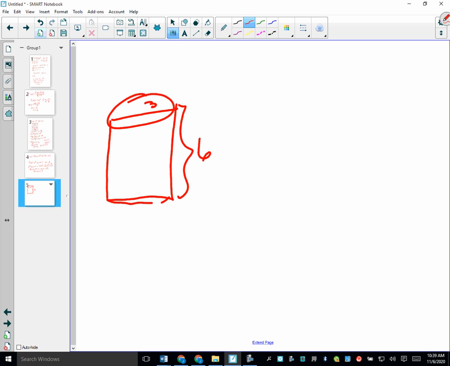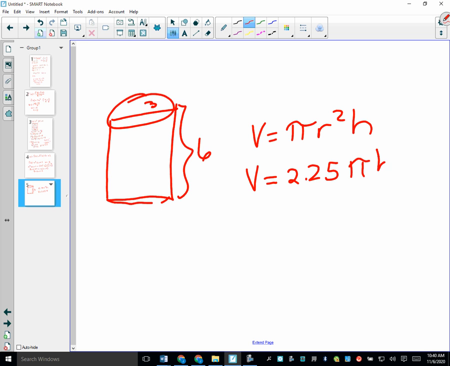Isn't the volume for this pi r squared h? No, that's a cone. Is r changing? No. So I don't leave r in my problem. So V equals 2.25 pi h.